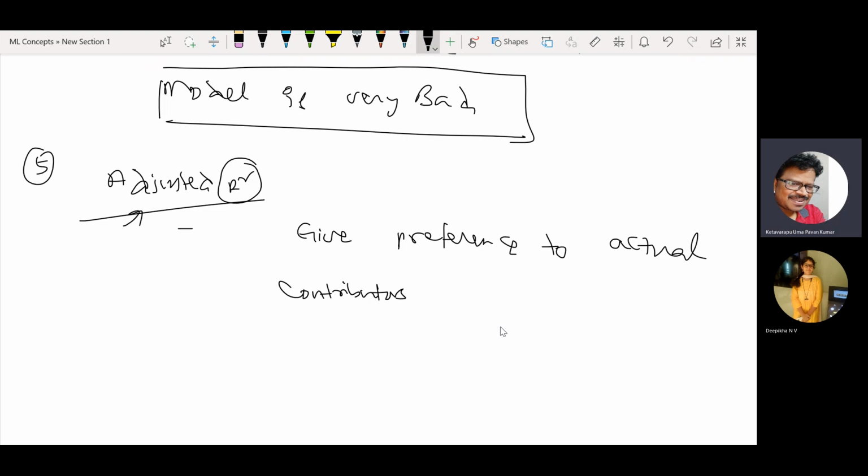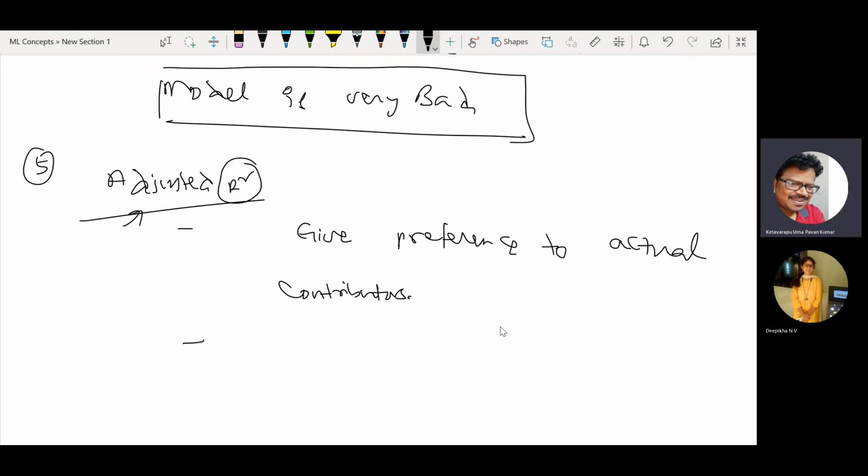Okay, adjustment means what? Actual contributors in the sense that some features may be really adding value to our prediction. So it is keeping track of those values and trying to establish a kind of relationship between the independent and the dependent variables.